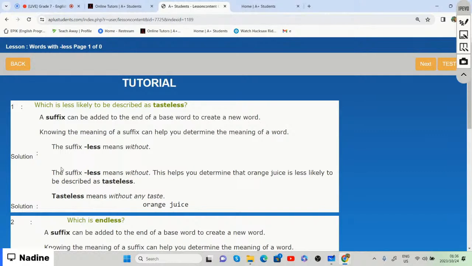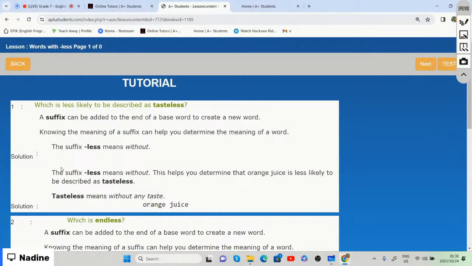And the suffix less means without. This helps to determine that the orange juice is likely to be described as tasteless, meaning it is not nice. It is without taste. So, orange juice in this case, based on what someone says, it is tasteless, it is without taste.